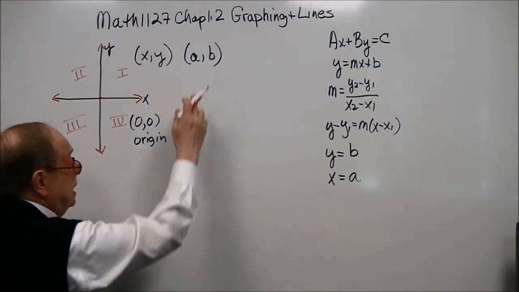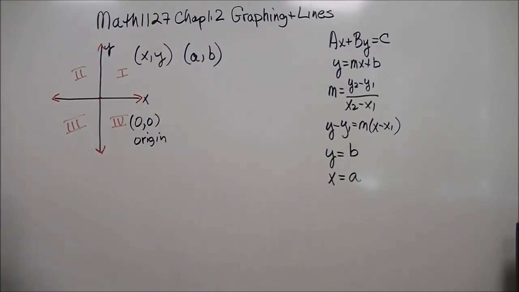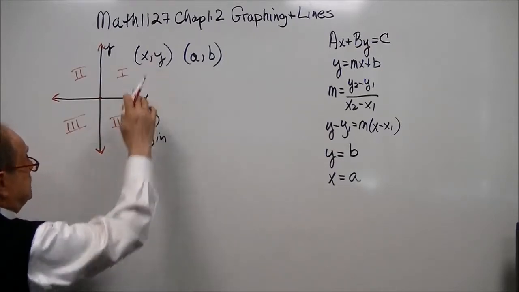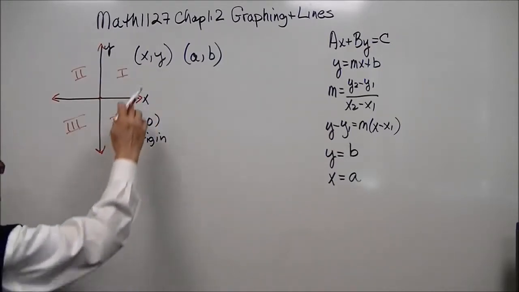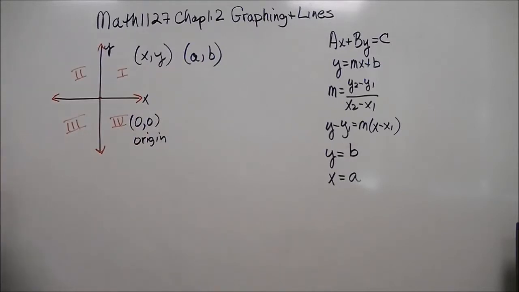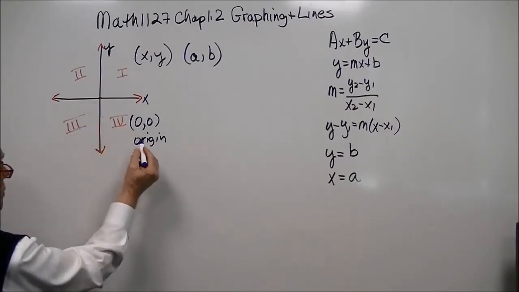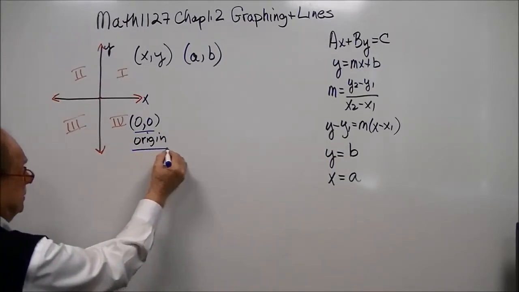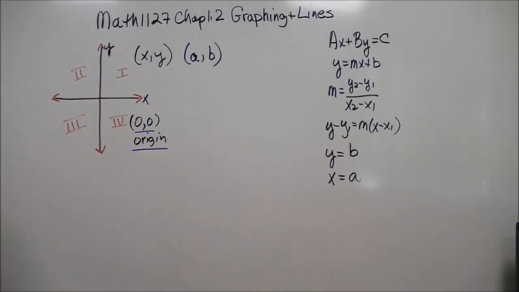Sometimes a comma b is used as well. We always plot the x point first and then the y point. One of the famous points, of course, is where they do intersect. The coordinates of that point are 0, 0, and that's referred to as the origin of the graph.